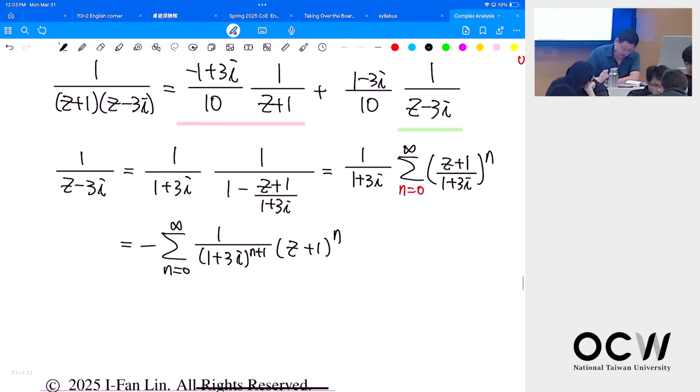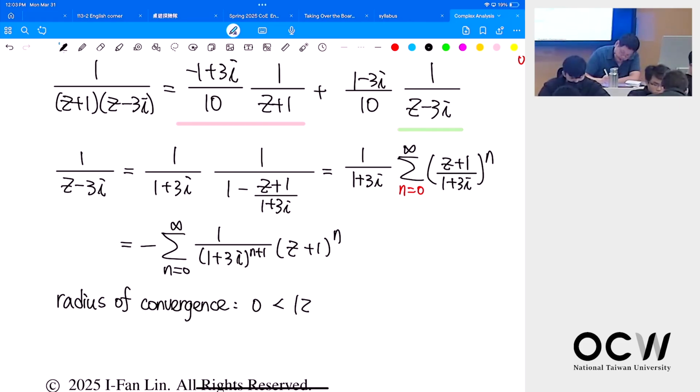And then the radius of convergence is the magnitude between 0 and square root of 10. Okay?